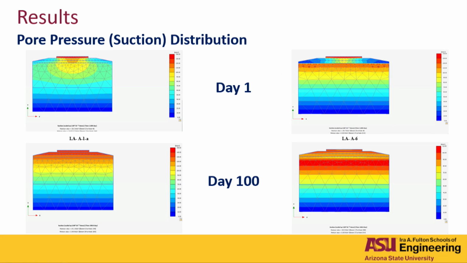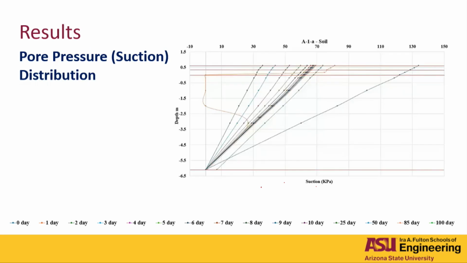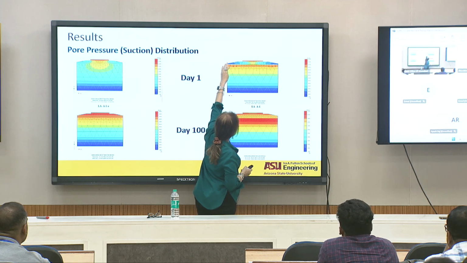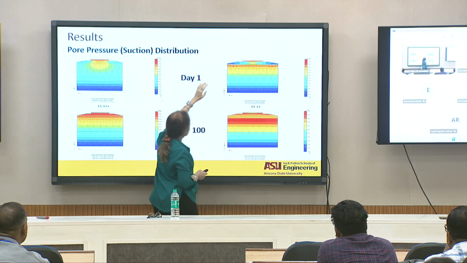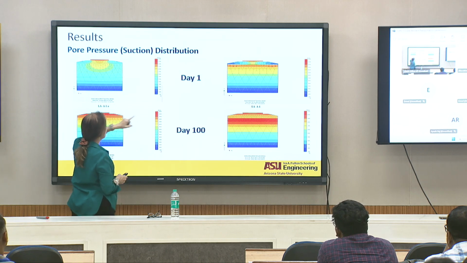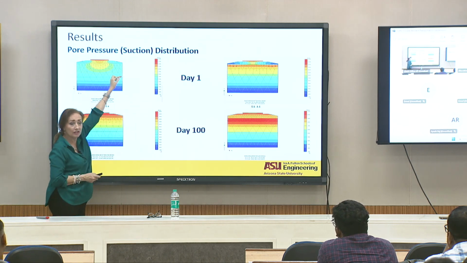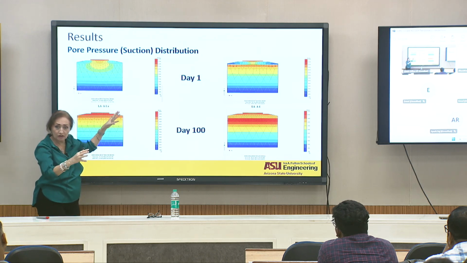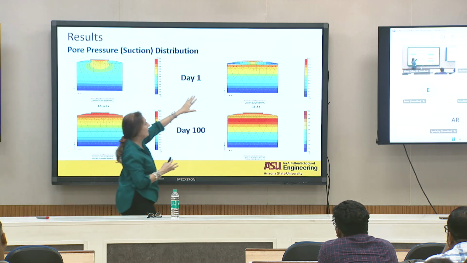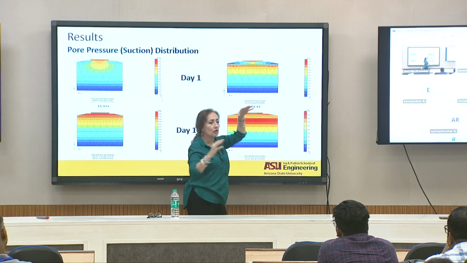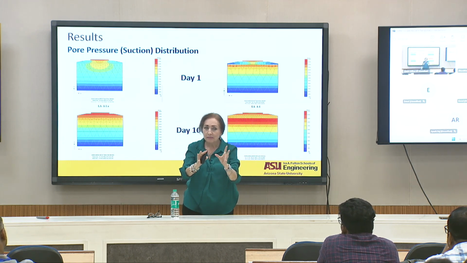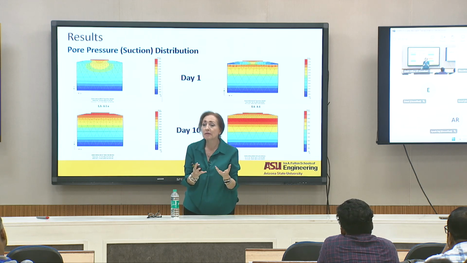And in here, if you see the interface between those two, you're going to see that the suction values in there are much higher than the suction values in here. That means that the water infiltrated all the soil in here because it was granular material, but in here, it infiltrated and almost saturated the granular base material and the subbase material, but the soil below is more impermeable.